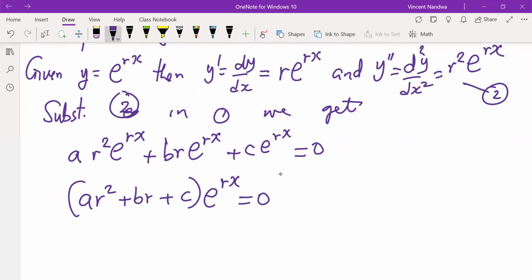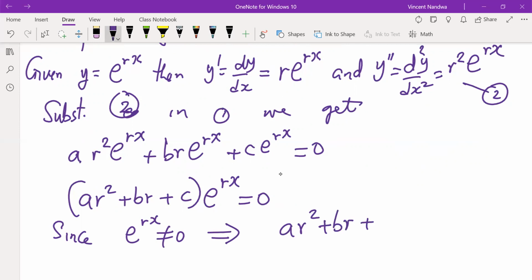So there's a product of two values giving us 0, which means that either of the two values is 0. But we know that any exponential function can never attain the value 0. So since e raised to power rx can never be 0, this implies ar squared plus br plus c equals 0 is the only possibility to make that equation true.